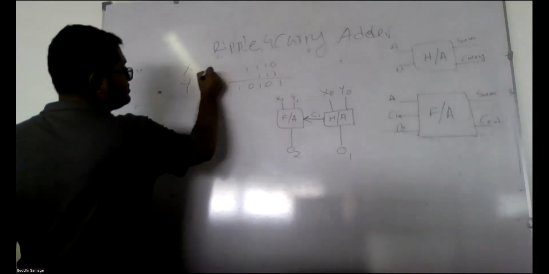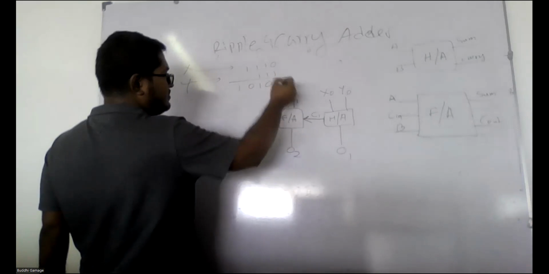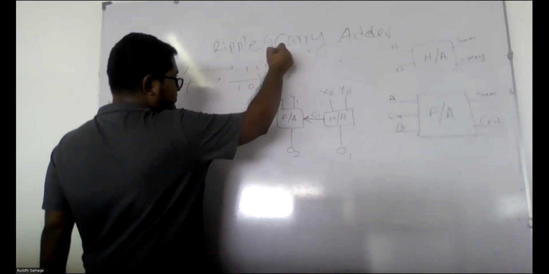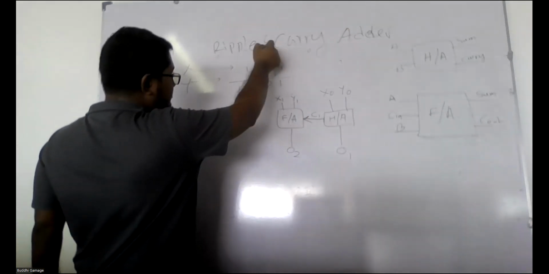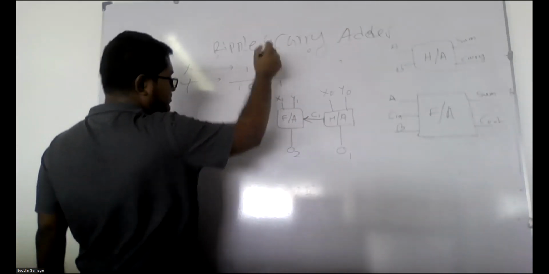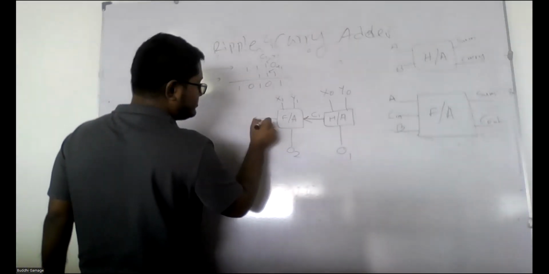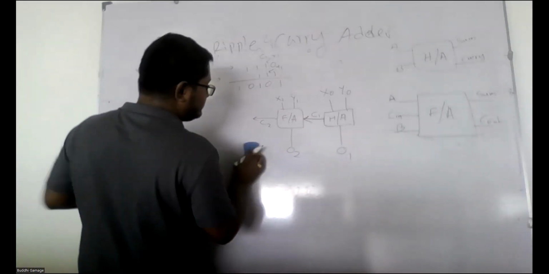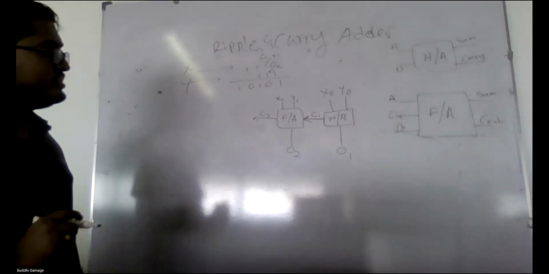Right? This is X, this is Y. So this is X1 and Y1. And there can be another input from this one. So that is C1. Right? So this output is C2. You get that?